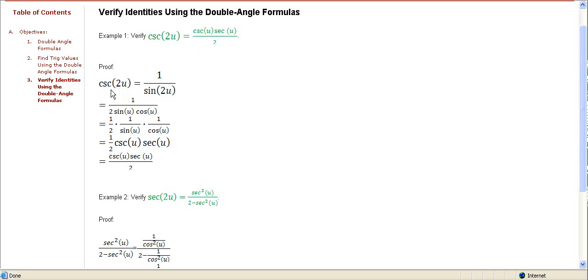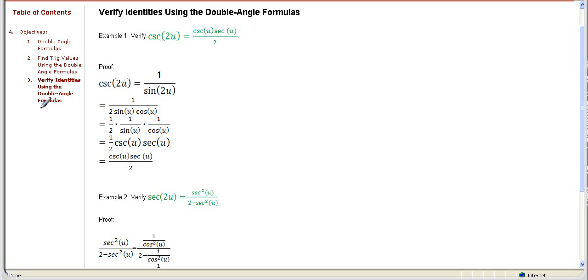Well, we're going to start with applying the double angle formula and see if we can work from there. We know cosecant of 2u is the reciprocal of sine of 2u. So we begin by saying that cosecant of 2u is 1 over sine of 2u. And then we're going to replace sine of 2u with the formula that we just learned, 2 times sine u times cosine u.